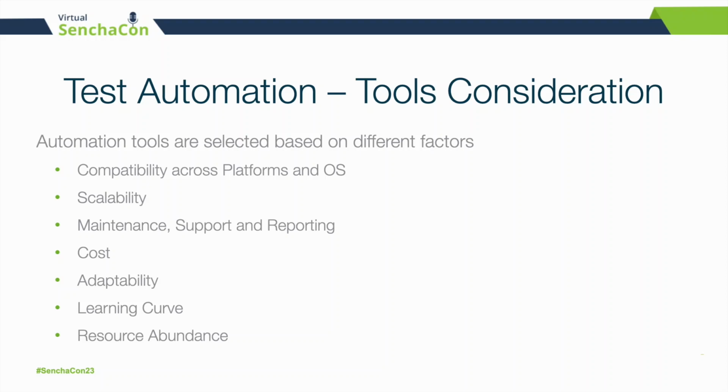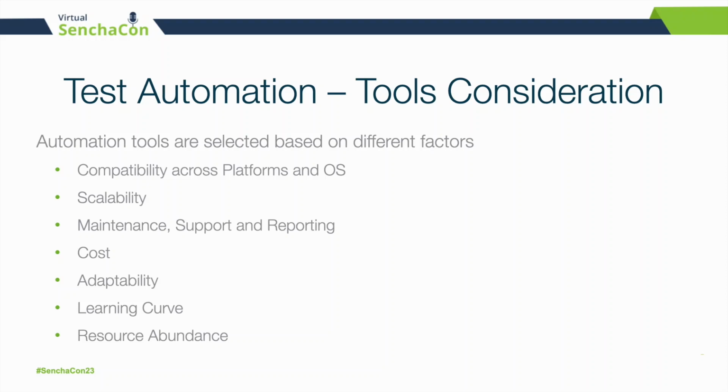And we need to consider the support and the reporting factor of the automation tool. Some automation tools have a huge supporting community, whereas some very popular automation tools don't have that much support community or results on Google. We need to consider the cost. Some tools cost per license, some tools cost per usage.